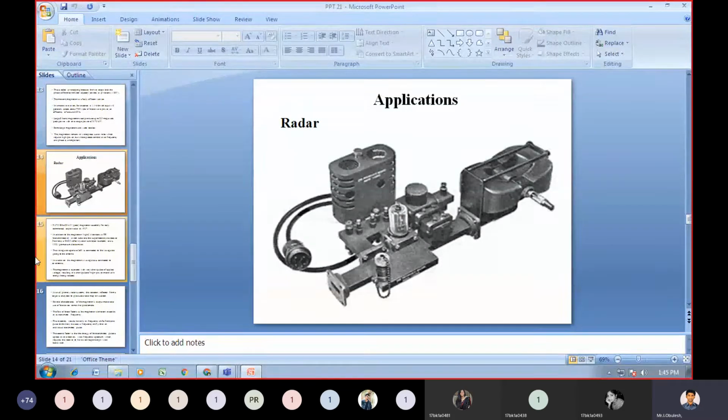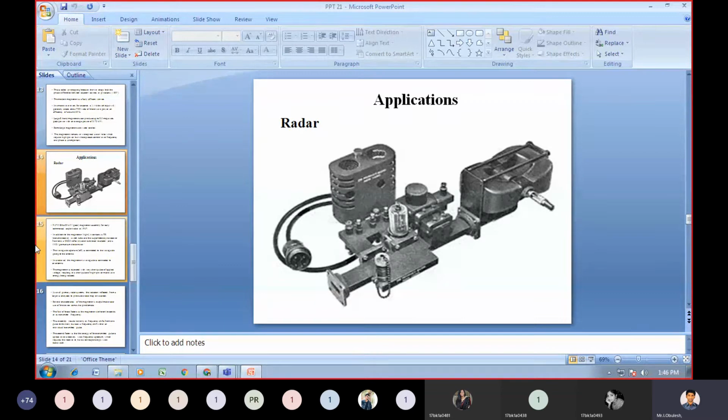In addition to the magnetron, it contains a TR switch tube. T means transmitter or transmit, R means receiver or receive. We have one TR switch tube, and we have the superheterodyne receiver front end.